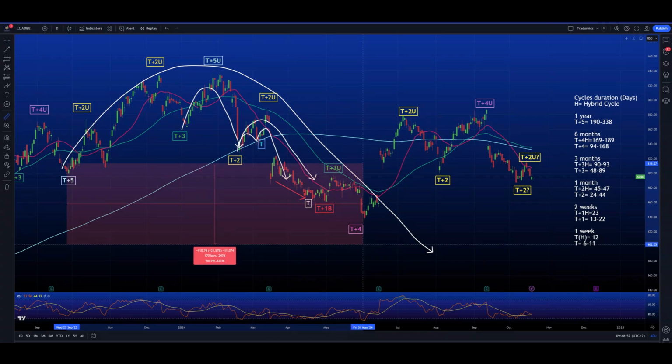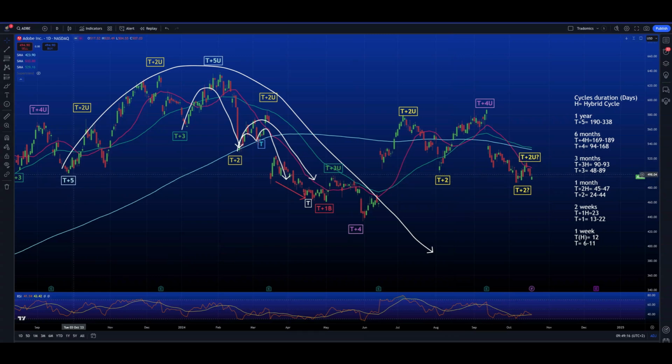So why that? First of all, if we want to gauge the time of this first wave of the T plus 5, we have 169 bars. So 169 bars is a T plus 5 hybrid. Basically it's a T plus 4 hybrid, so a 6 month cycle.